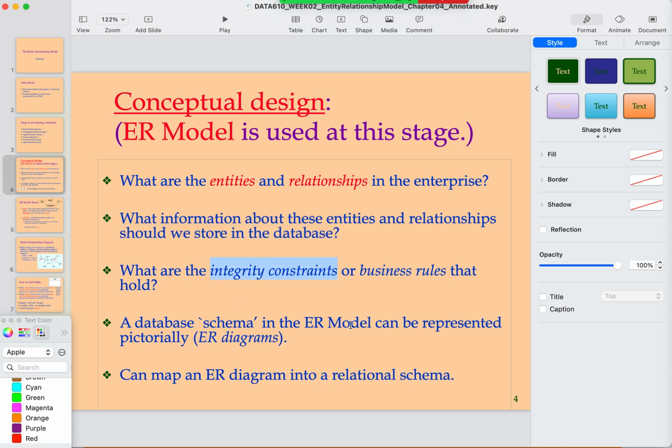So as we mentioned, from the security point of view, certain users would have permissions to log into the database to view certain tables or views of the database. And integrity constraints also have to do with the way the data is being entered. So let's say a credit card number is a 16-digit number.